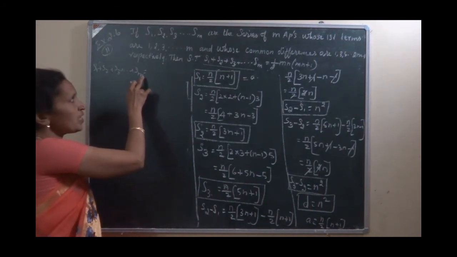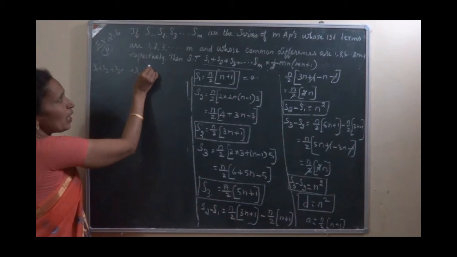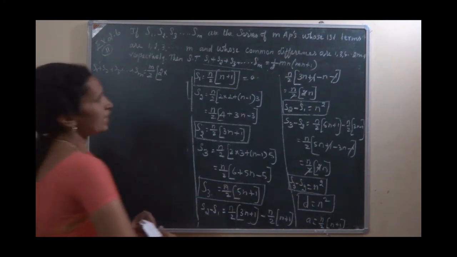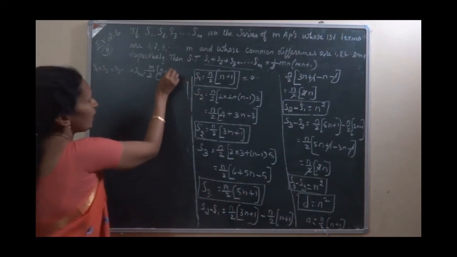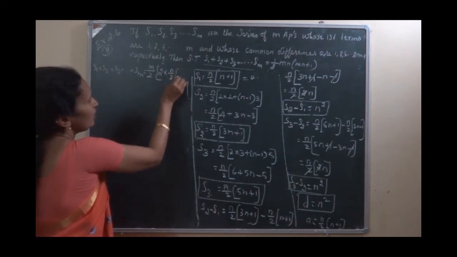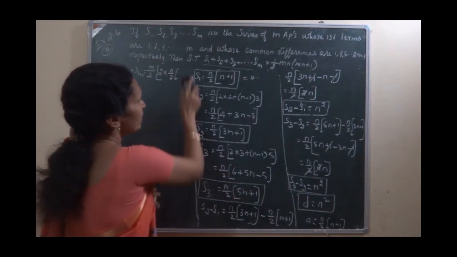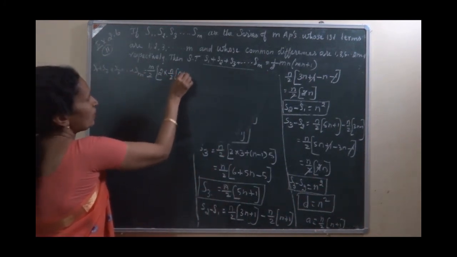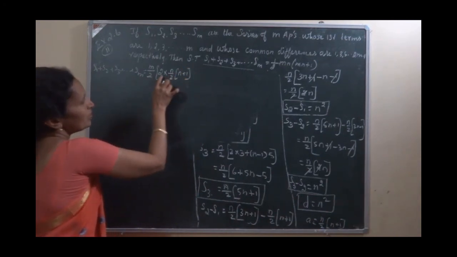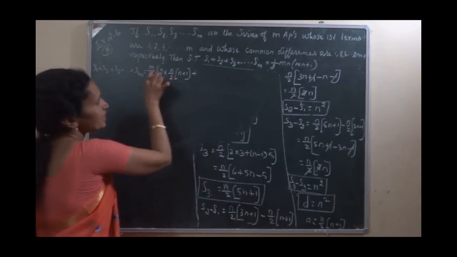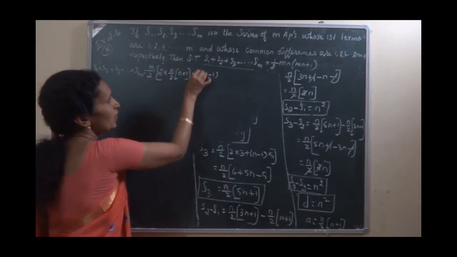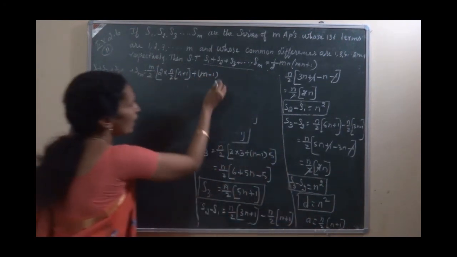So instead of n in the formula, we should apply m. m by 2 into 2A plus m minus 1 into D. What's the value of A? It is the S1 value, n by 2 into n plus 1. What's the value of D?